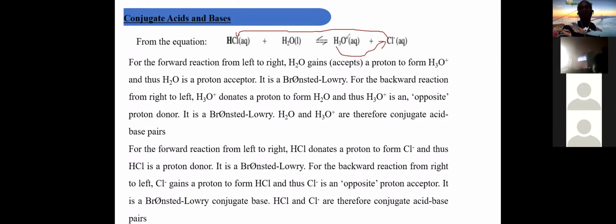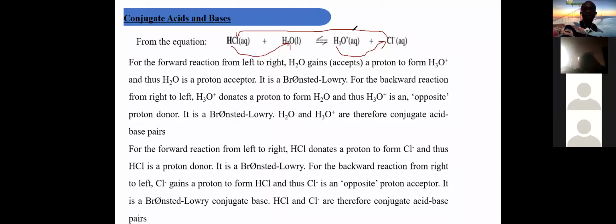Now, the hydronium ion that donates the proton to Cl minus, it tells us that the hydronium ion in the backward reaction is an acid because it's a proton donor. Where did the hydronium ion come from? It came from water accepting a proton from HCl. And if you remember the video, this was illustrated very vividly.